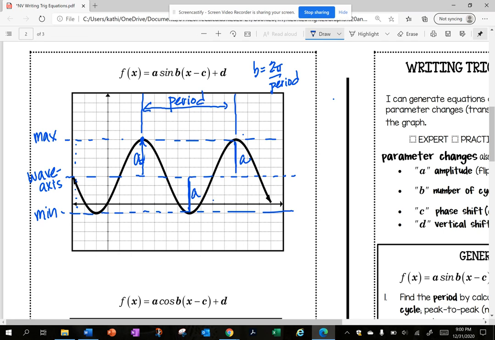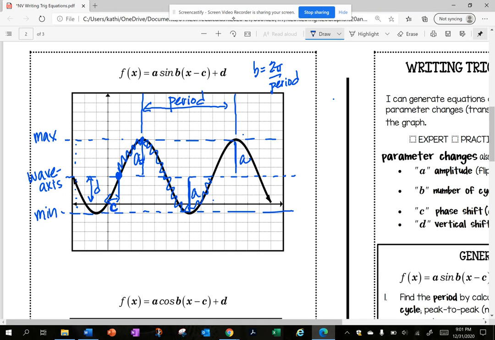And then my C value is, where do I start? So on this particular one, if I want to start here, and here's my single wave, my C value would be here. So from here to here is my C value. So wherever I start, the X value is my C value. And then my D value is from the x-axis to the middle of the wave.